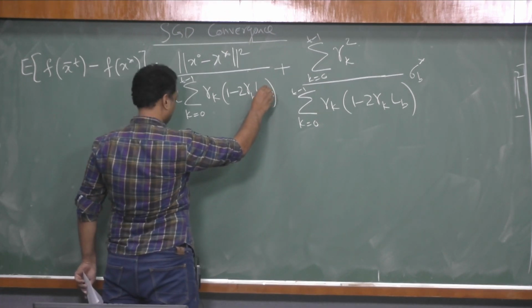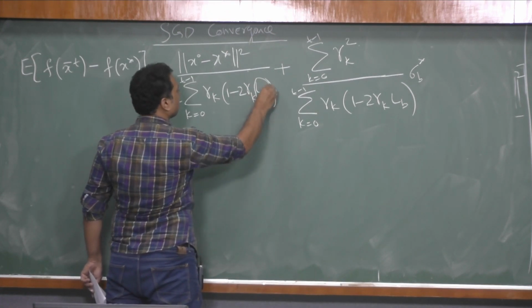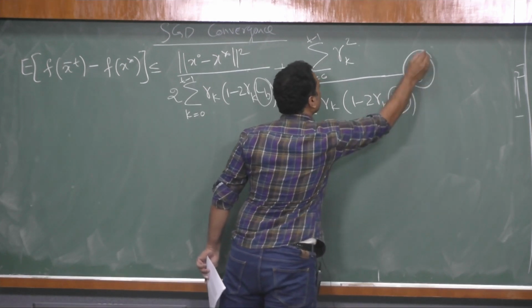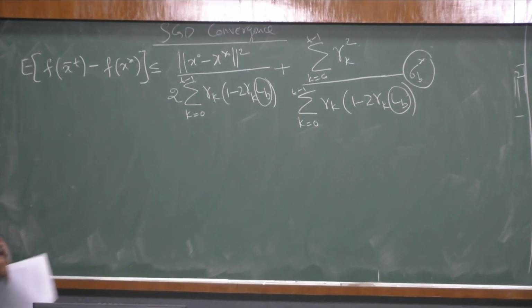If I remember correctly, I believe these are basically the only two changes. The L term seems to change and the sigma star B term seems to be changing. Otherwise everything is the same.